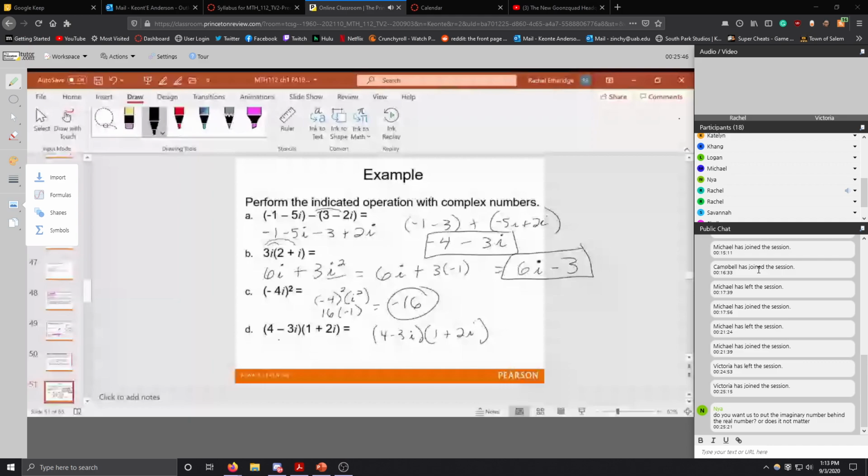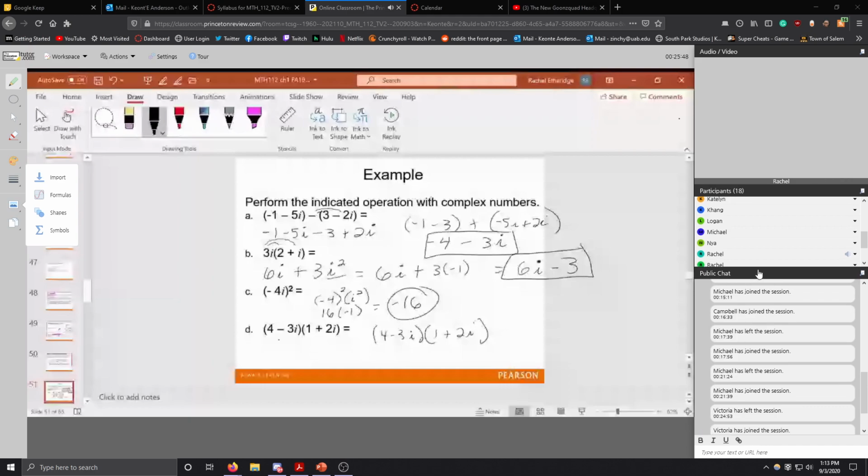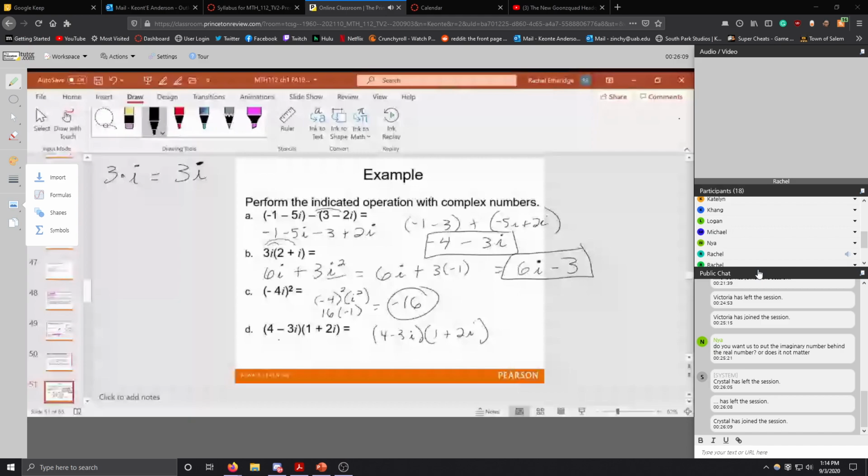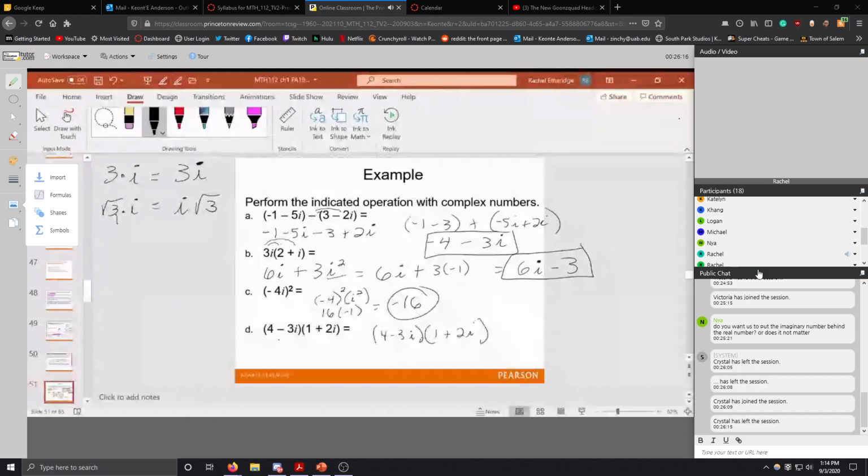Okay, so I guess, yes, I do. I would like for you to put the imaginary number behind the real number. I want you to put it in front of the radical though. So let's say our number is 3 times I. I would like for you to write that, and so would MATLAB, as 3I instead of I3, okay? But if you have the square root of 3 times I want you to put it in front of the radical.